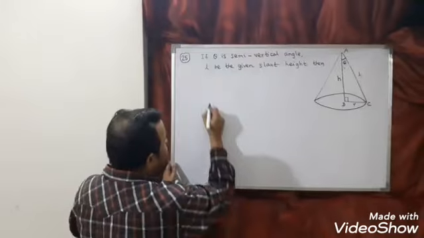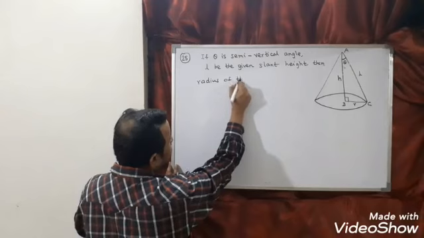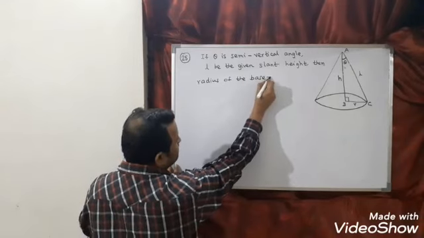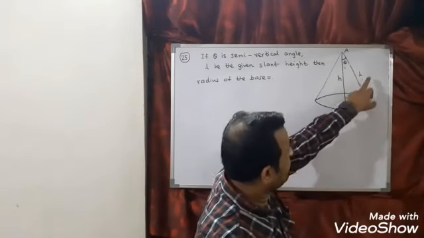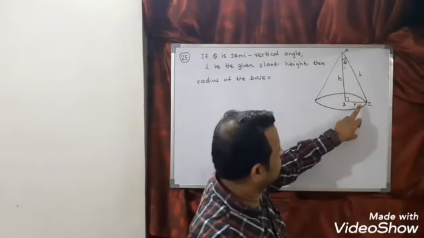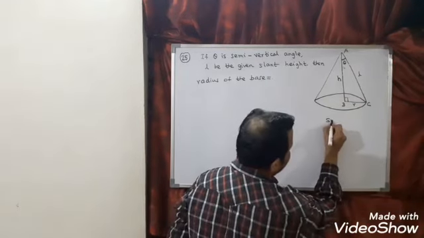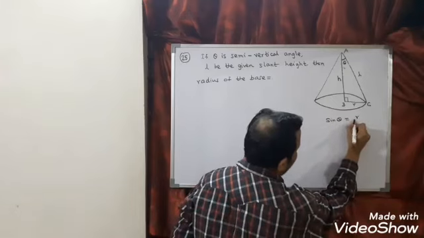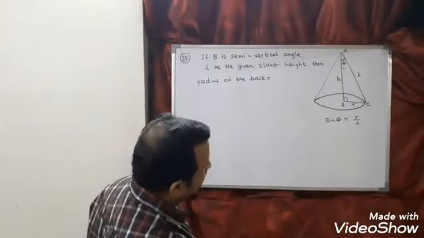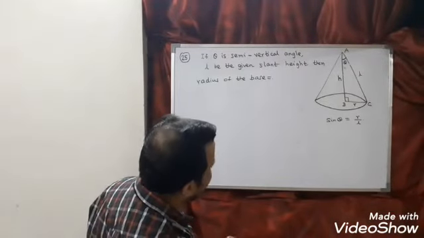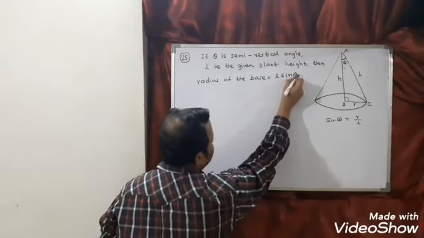Now can you tell me what is the radius? Then the radius of the base is equal to, now radius is this opposite, and I want opposite by hypotenuse. So from the figure, what is sine theta? Sine theta is nothing but R by L. Yes or no? So the radius is nothing but L sine theta.